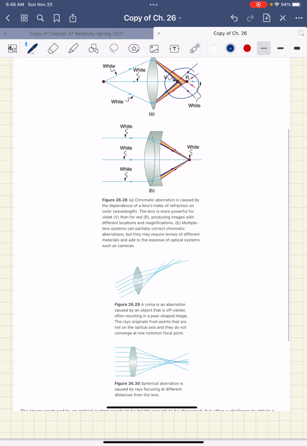Also, we have the spherical aberration that is caused by rays focusing at different distances from the lens. All these create more limitations on using lenses in telescopes. The most powerful telescopes use mirrors, because designing very large lenses is hard.